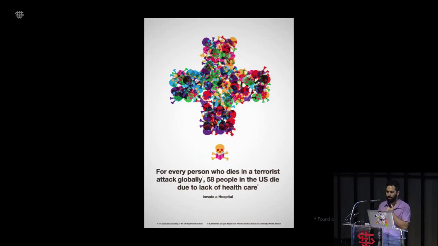On the data level, who even defines who dies from terrorism, and who even defines who dies from lack of potential healthcare?